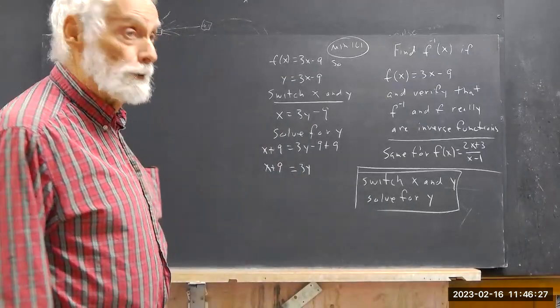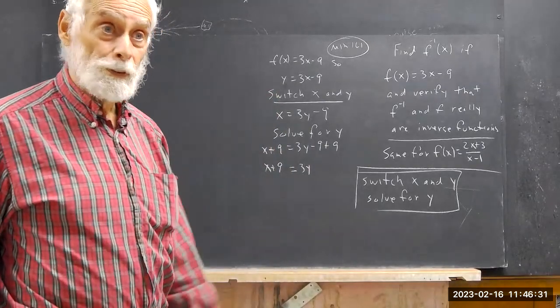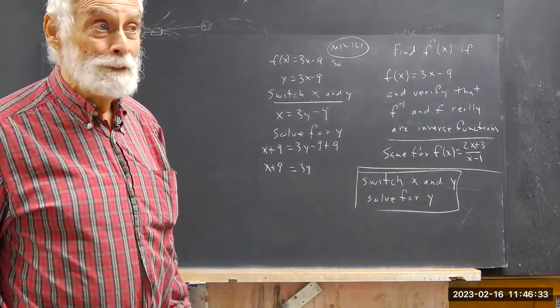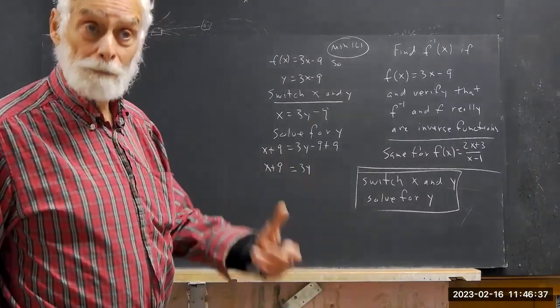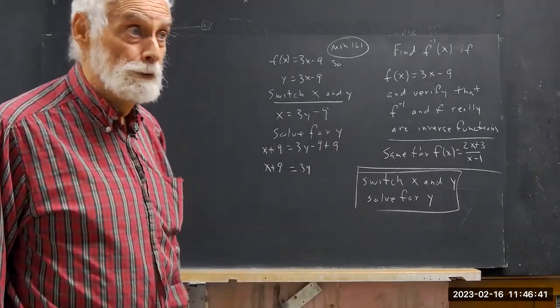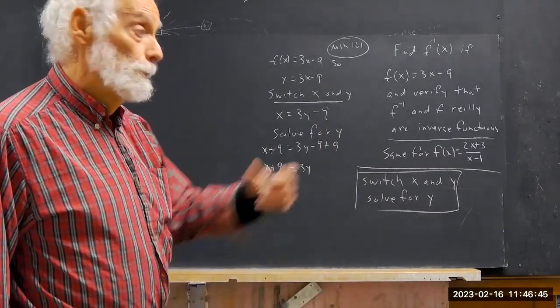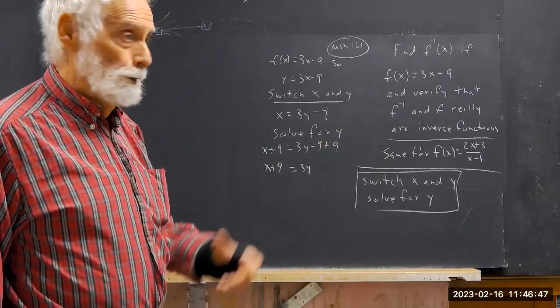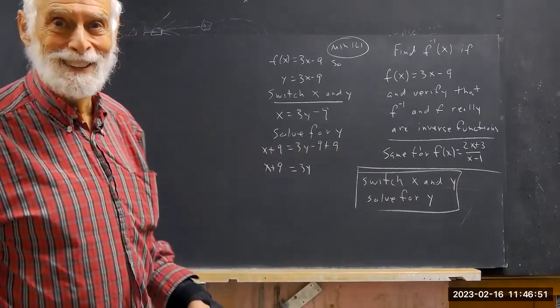We haven't done anything to this side. You don't try to do all these steps at once and then say what you think y might equal. Maybe you do that and then check it: you think y is equal to this, plug it back in and see if that works. If you skip steps, make sure you plug it back in, and if you don't get the right thing, that'll teach you a lesson.